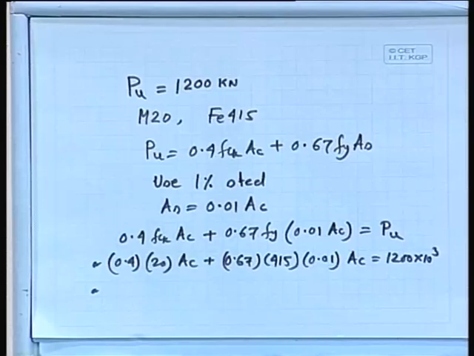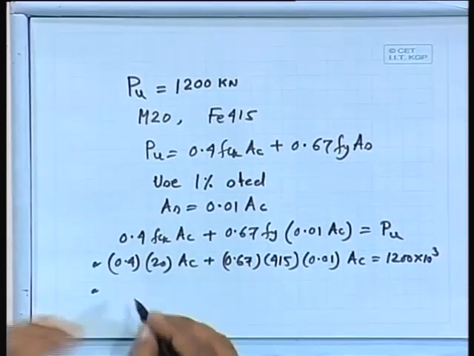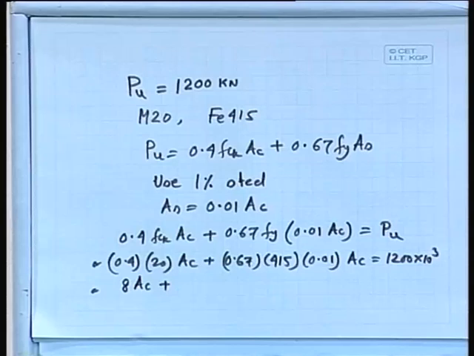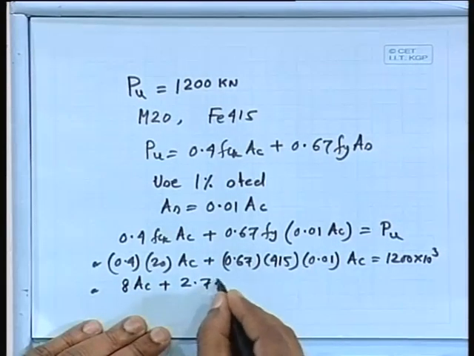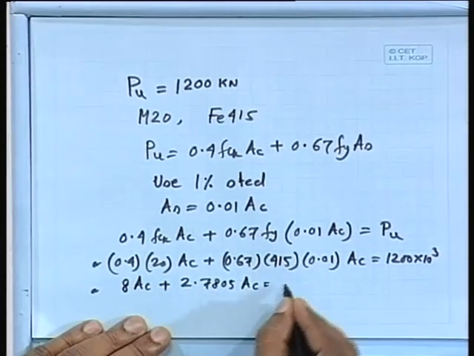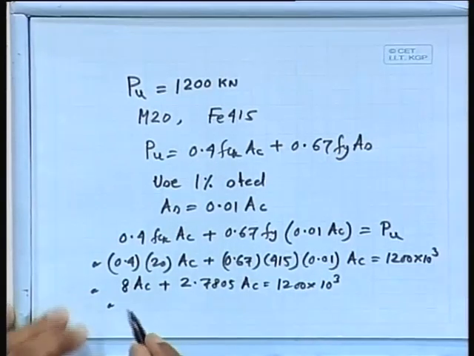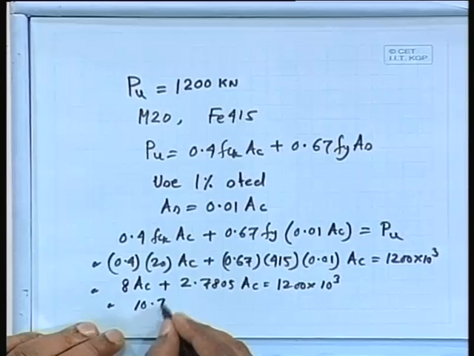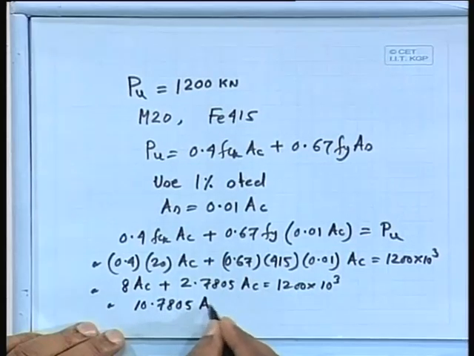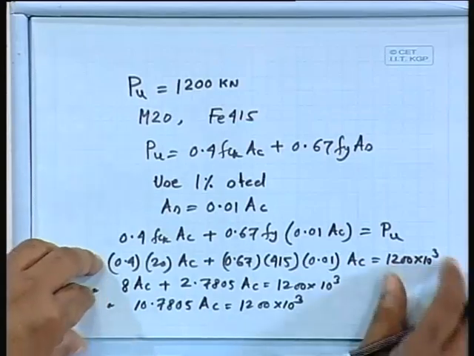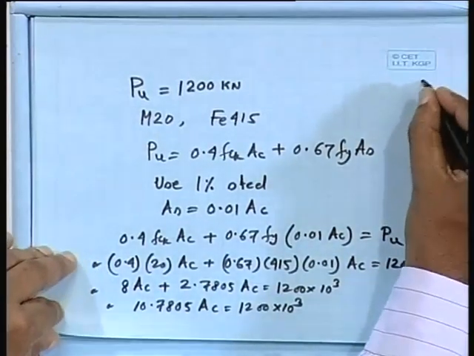Or let us find out 0.4 into 20 times AC plus 0.67 times 415 times 0.01, 2.7805 AC, so 8 plus 2.7805 gives 10.7805 AC equal to 1200 into 10 to the power 3. Okay. So AC we can find out.